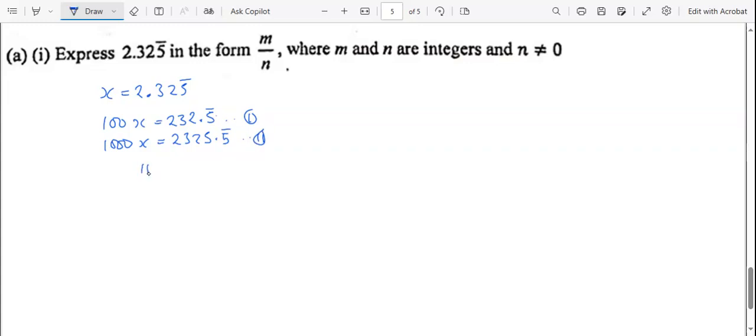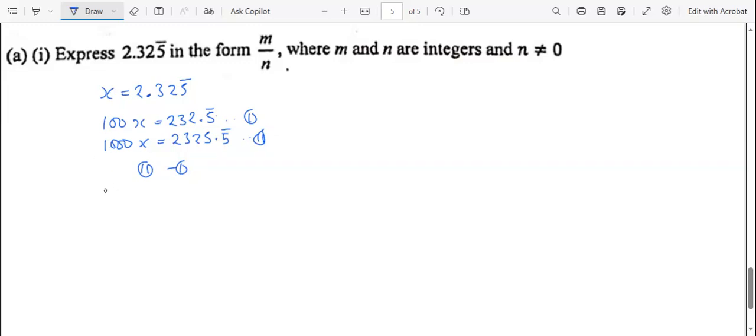So we subtract 2 minus 1, or 1 from 2. So that is it.